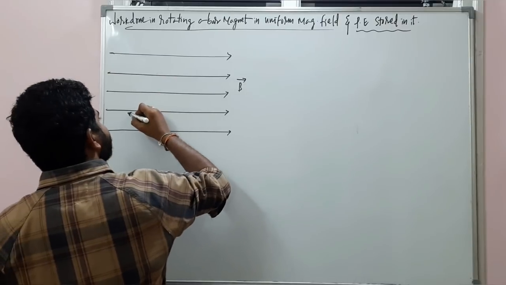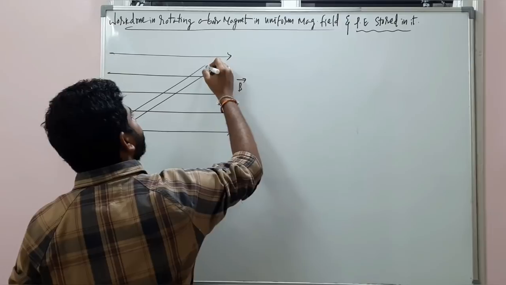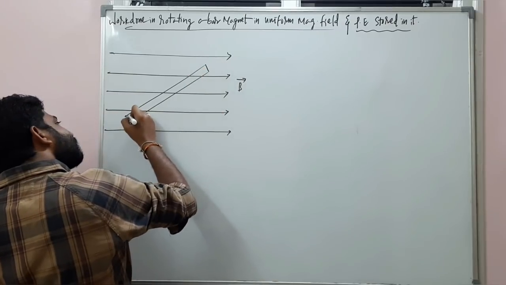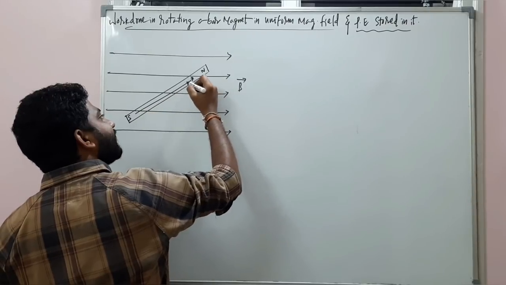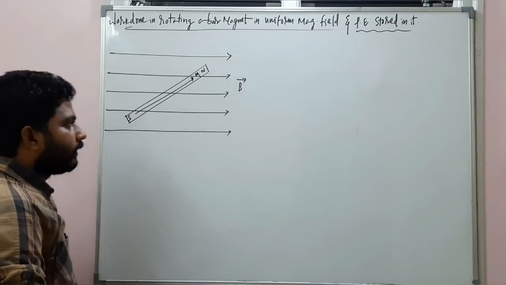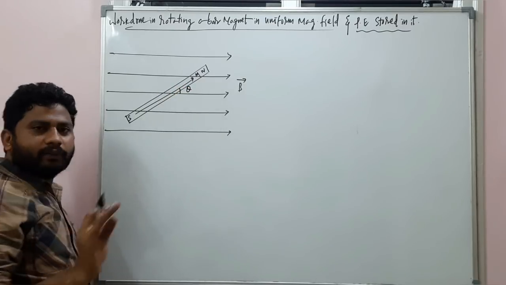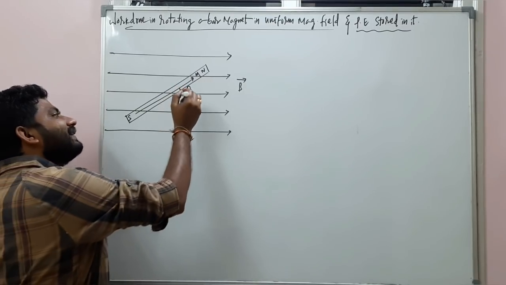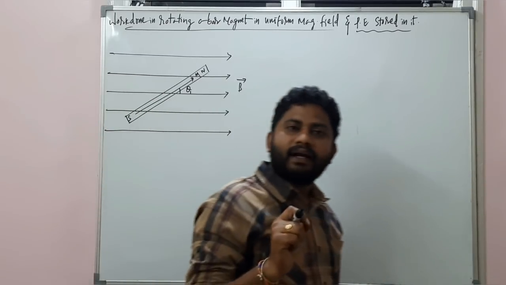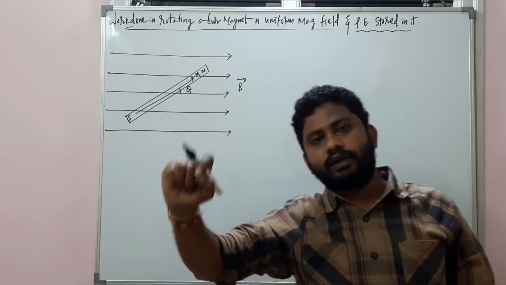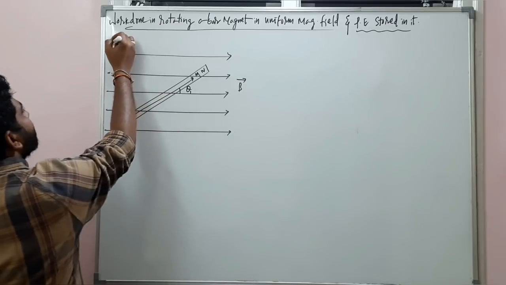Imagine what we had discussed in the previous slide. There is a bar magnet here having a south pole and north pole, and its magnetic moment is in this direction, M. We have also discussed the angle here. Theta 1 is called the initial angle made by the magnetic moment and magnetic field.